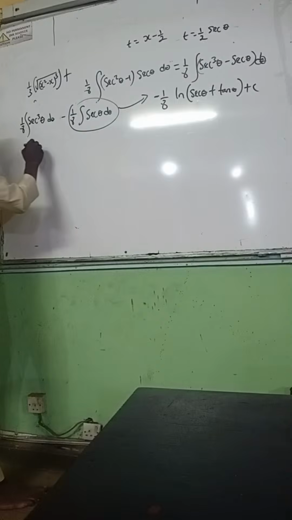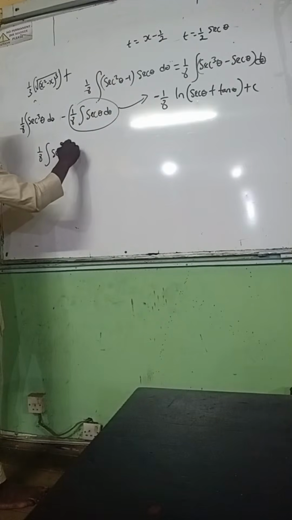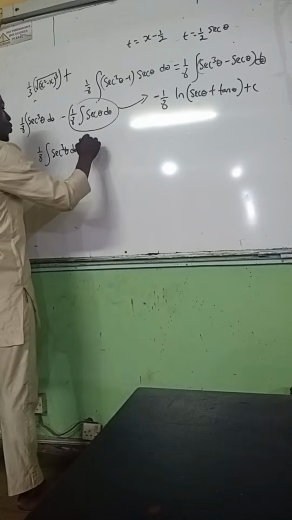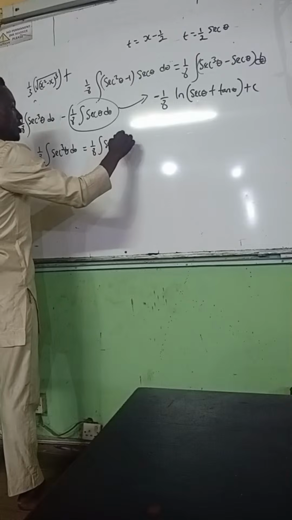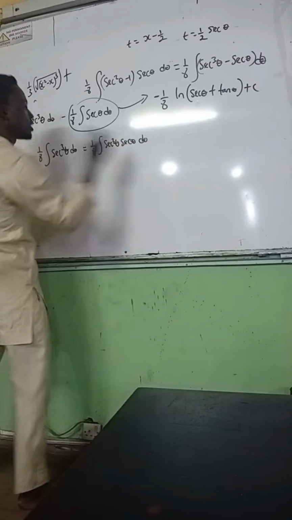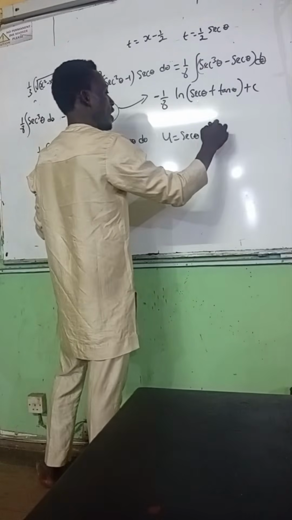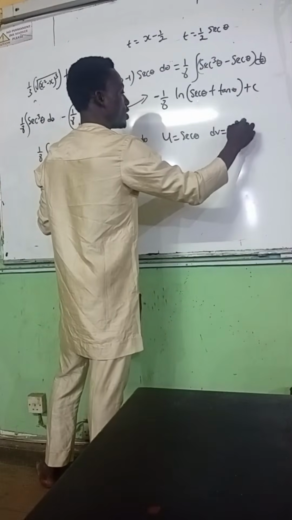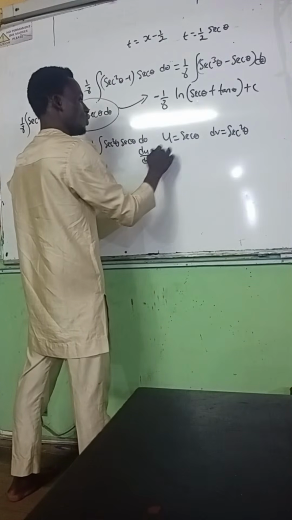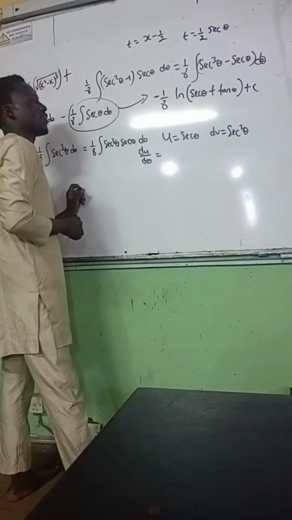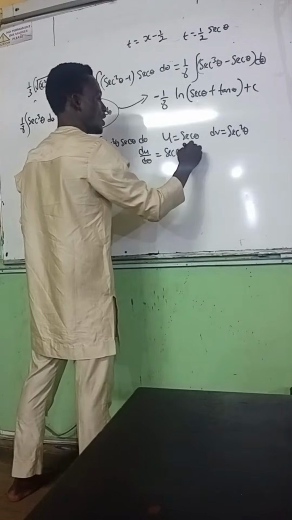So here we have 1 over 8 integral of sec cube theta d theta, which equals 1 over 8 integral of sec square theta sec theta d theta. So let u be sec theta and dv equals sec square theta. So du over d theta, if you differentiate sec theta, we get sec theta tan theta.